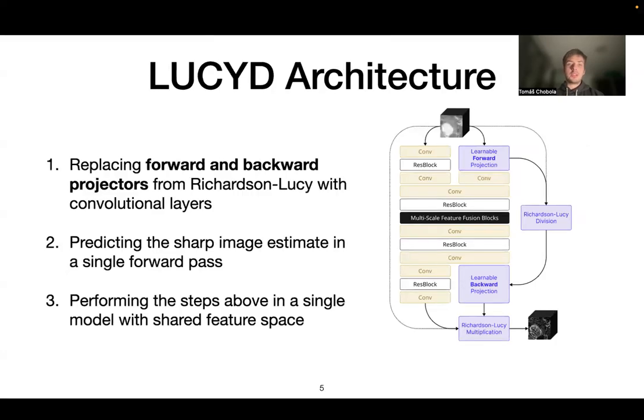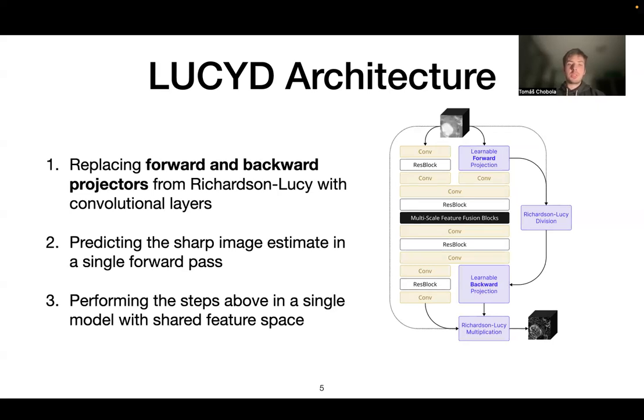In our architecture, we replace the forward and backward projections with learnable convolutional layers. And also we bypass the need for n-1 iterations to obtain the nth image estimate by estimating this image in a single forward pass with a U-shaped network.